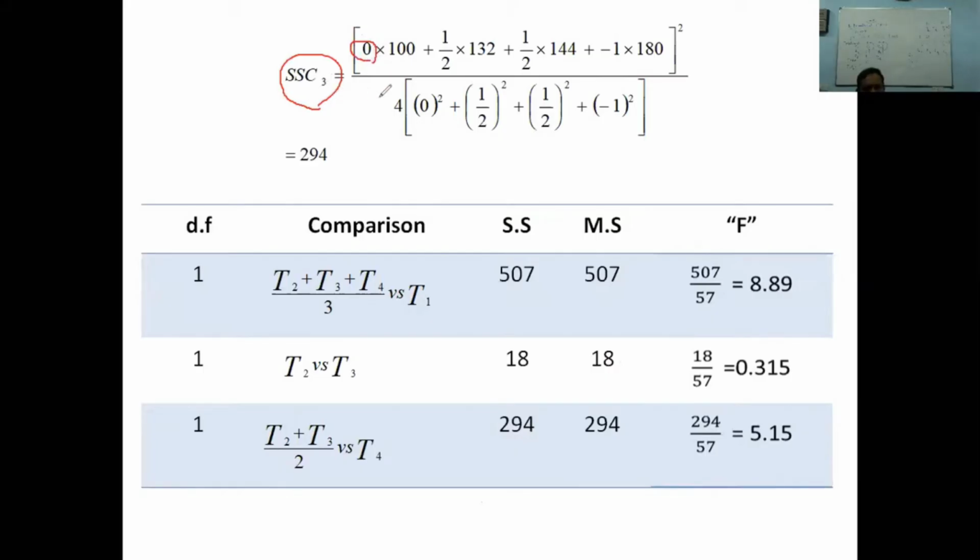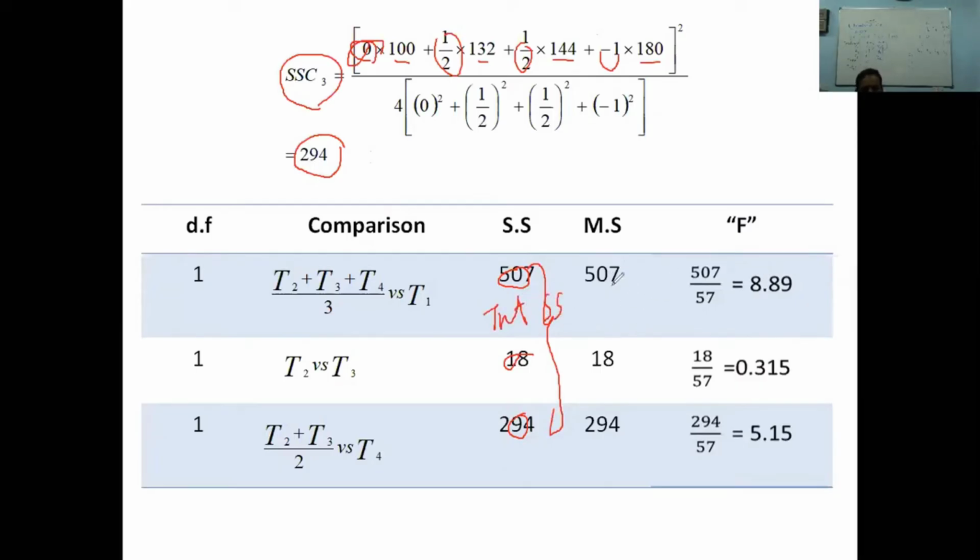When you calculate the contrast sums of square, the treatment totals remain the same. The only difference is you change the coefficient values based on which contrast you are talking about. So here it is 294. Add all these three contrast values: the first sums of square, second sums of square, and third sums of square. If you add all these, it is equal to the treatment sums of square value.